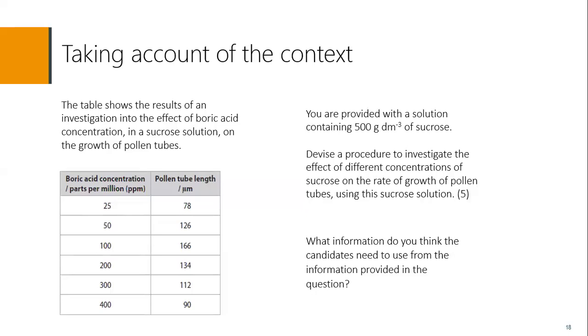Many of you, in suggesting what you could investigate, referred to glucose concentration. That is fine, because glucose is used in respiration, which is what it's required for. Because sucrose is synthesized by plants, quite often pollen tubes are grown in sucrose solution, but your students wouldn't be penalized for using glucose, because that's absolutely fine.